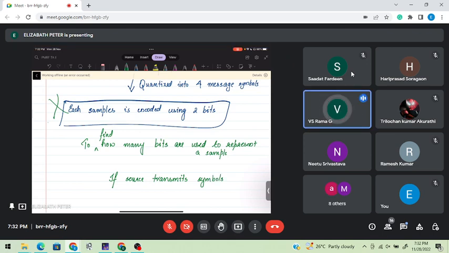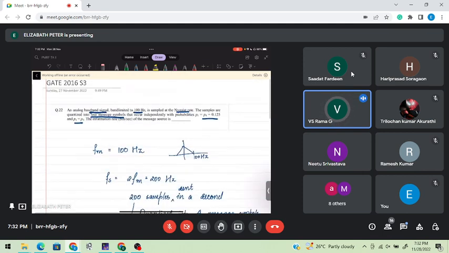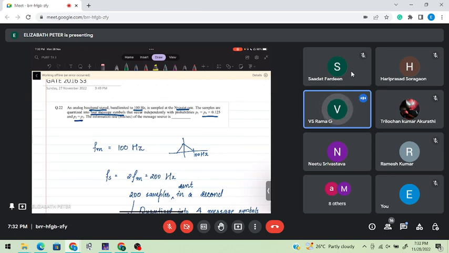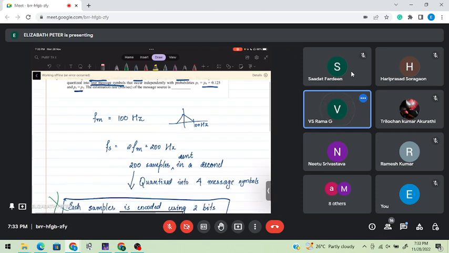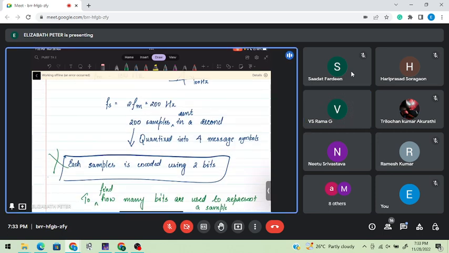Ma'am, here we found that there are 4 message symbols with P1, P2, P3, and P4, and that each symbol is encoded by 2 bits. No. I'm saying that you shouldn't take that the sample is encoded using 2 bits. We have a common tendency that after seeing that the samples are condensed into 4 message symbols, we right away take that each sample is encoded using 2 bits.